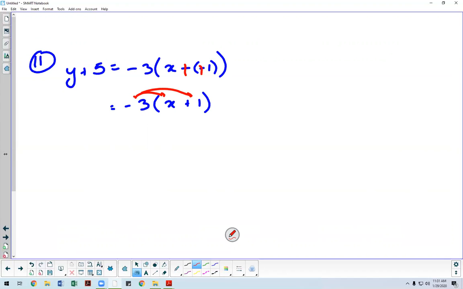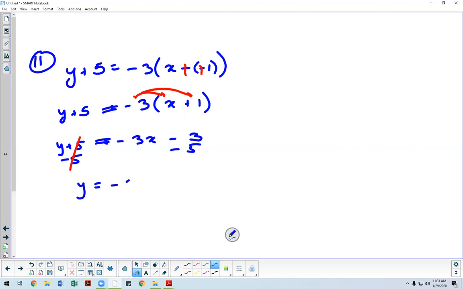Distribute that negative 3. Pretty much the same thing we did in number 8. And then the very last thing you would do is get y by itself, right? If you want to get this in y equals mx plus b form, you would subtract that 5. It's really just about cleaning up your equation.